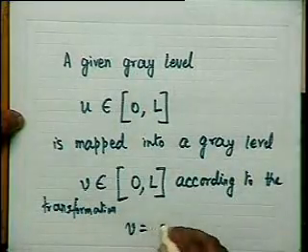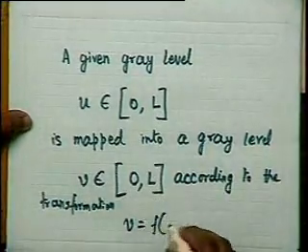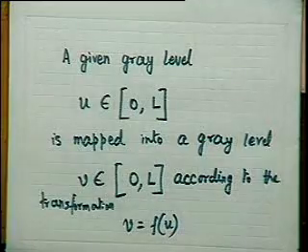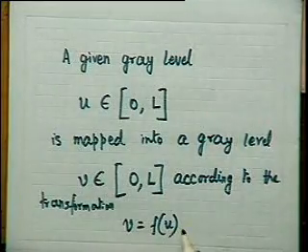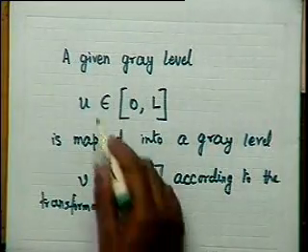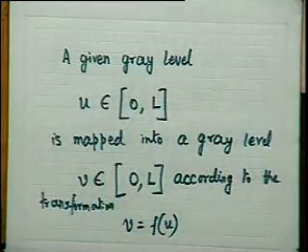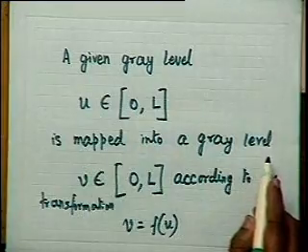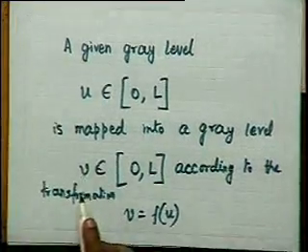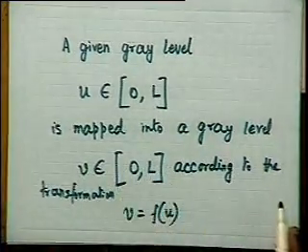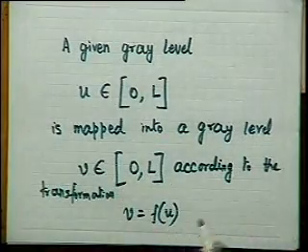V is going to be a function of U, isn't it? So you have the original intensity U, defined over the range 0 to L, to be mapped into yet another gray level V, defined over the range 0 to L, according to a transformation like this.